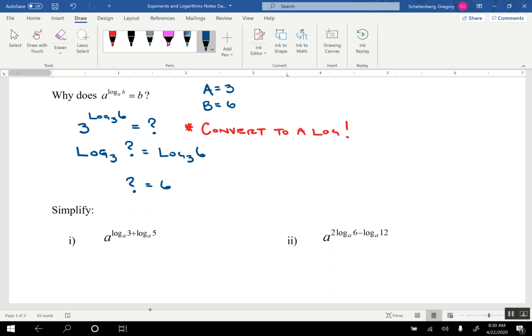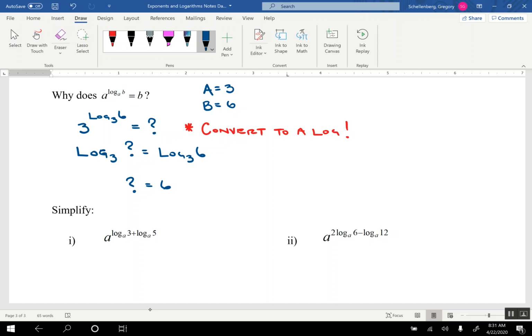This is one of our helpful rules above. If we've got an exponential where the base of the power, a, is equal to the base of the logarithm in the exponent, our solution is going to be whatever the argument is.